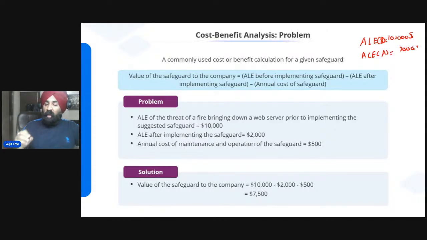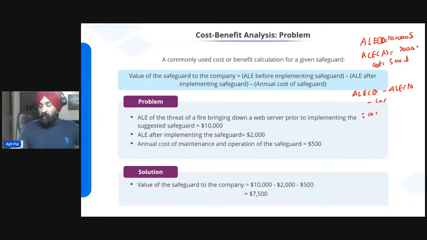So you will say, I have saved $8,000. No, mate, you have not saved $8,000, because you are missing out the cost of that countermeasure. So this is $500. The formula here is ALE before minus ALE after minus cost.